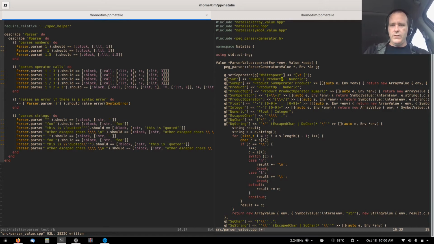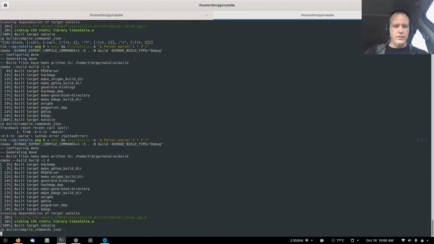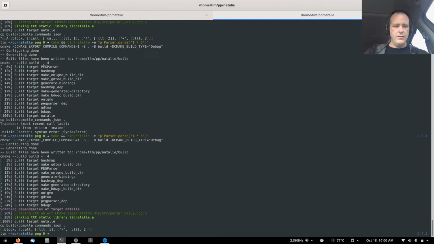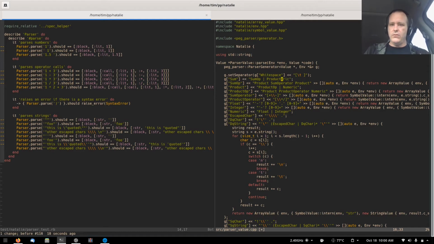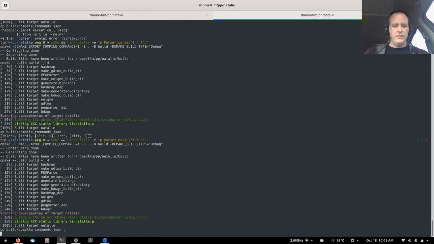What if we just simplify this a little bit? I don't think that's going to fix anything, but it will eliminate... Oh wait, that fixed it? No way. Isn't that literally the same though? Product, sum op or product op or numeric? No way. This fails.